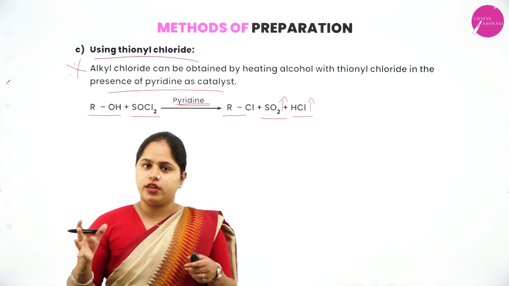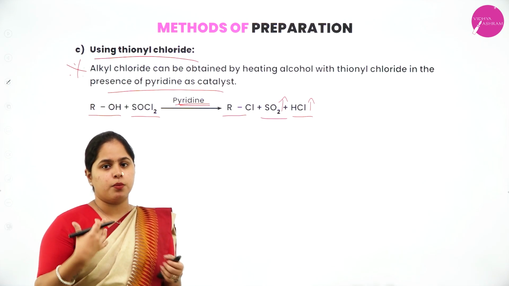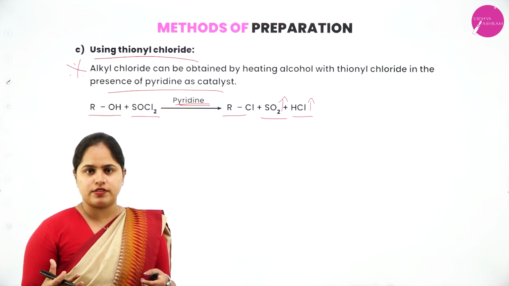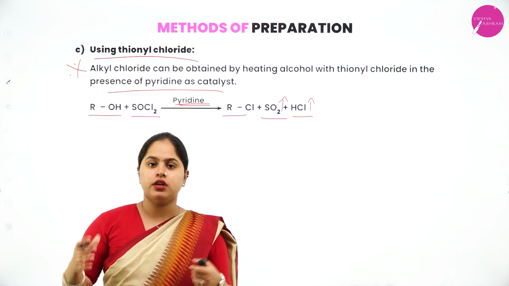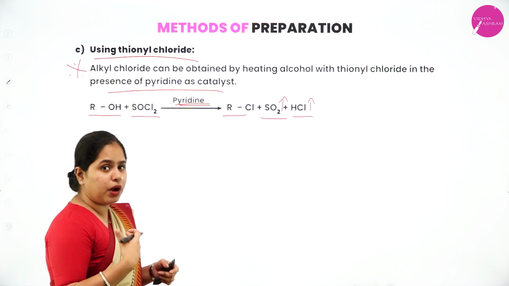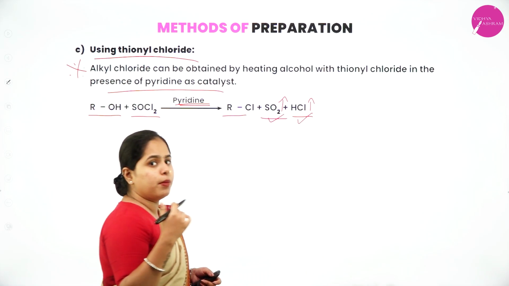So till now, all the reactions we have covered are the methods of preparation of haloalkanes from alcohols. 3-4 reactions we have studied. Out of all of that, this one is the most preferred reaction because in this reaction, the byproducts formed are SO2 and HCl. Both of them are gases.